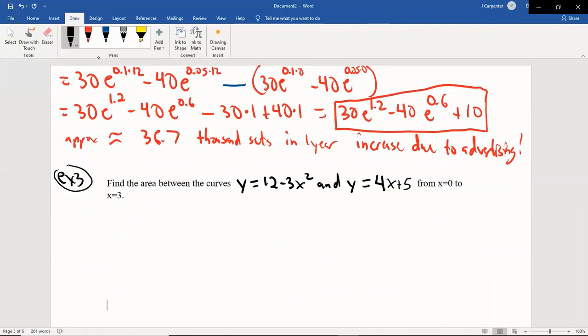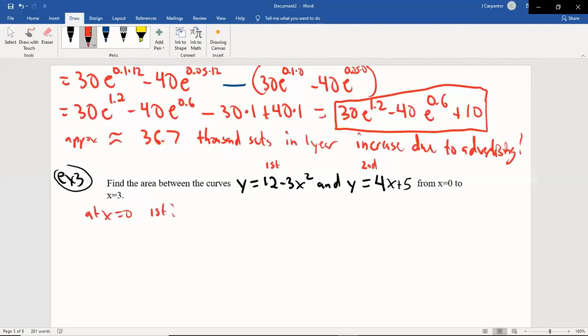So let's do the zeros. If you want to go back and label these as f and g, you can. But I'm going to try and leave them unlabeled just because not everything is labeled as a function. So at x equals 0, I'll just call them the first and the second instead.